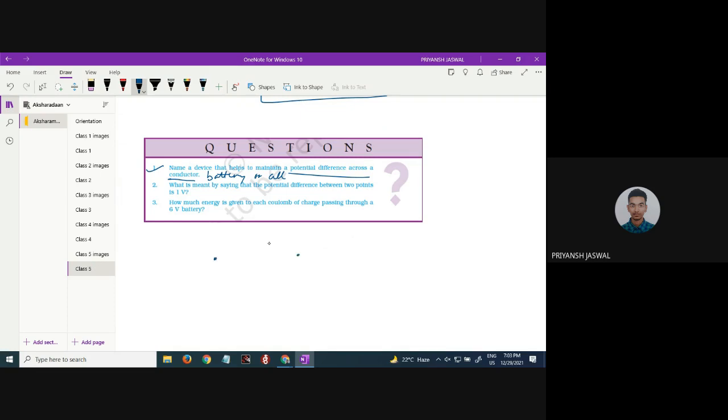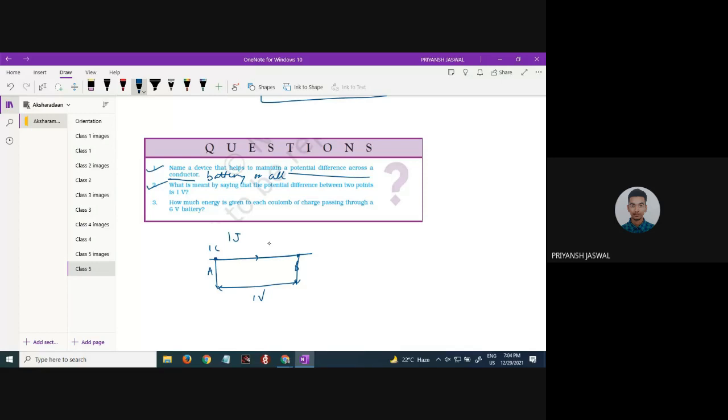So suppose the 2 points which we just discussed, points A and B, if the potential across these 2 points is 1 volt, then it means that it will require 1 joule of work to move 1 coulomb of charge from point A to point B.